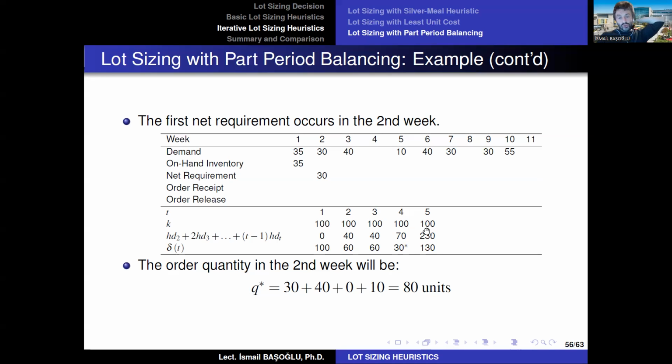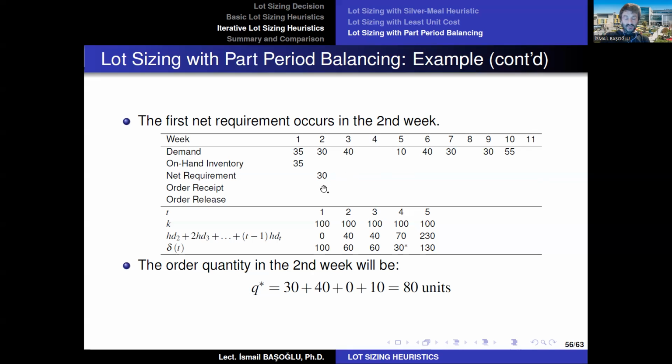Now, if I introduce the sixth period in my order, the demand of the sixth period in my order, then I need to pay 40 times 4 times $1 of inventory carrying cost. Why? Because for each week, the unit carrying cost is $1. I need to carry the inventory to meet the demand of these 40 units.